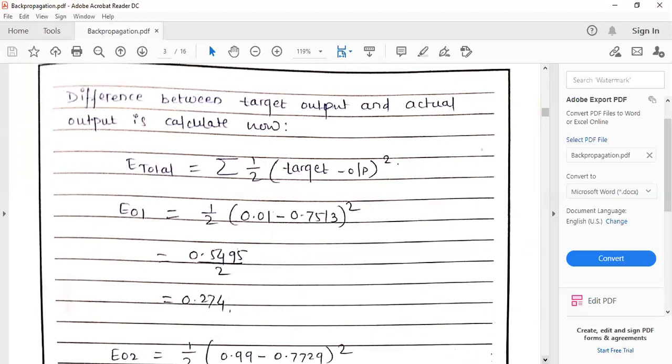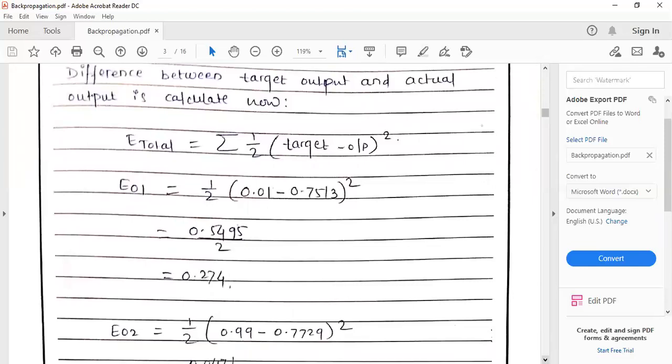Now for that you have to calculate the total difference between the target output and actual output. So actual output is whatever we have calculated, and target output is whatever they have given to us. First, O1's error you have to calculate. So that is 1 divided by 2, times the target output minus actual output, squared, and 0.274 will be the value.